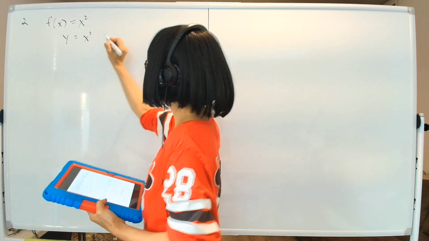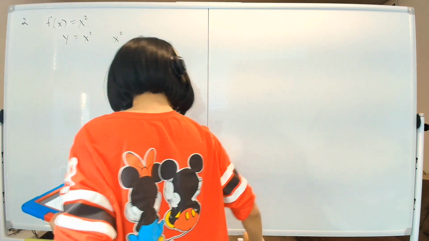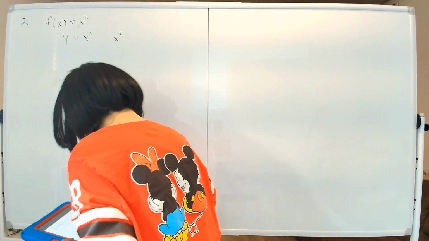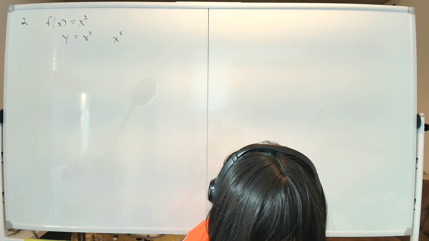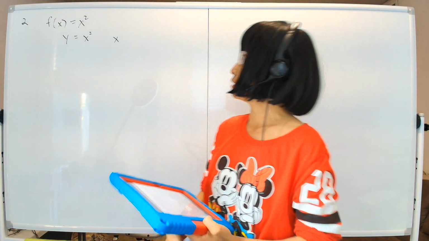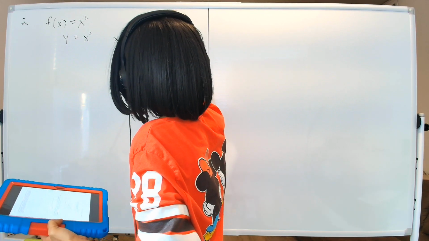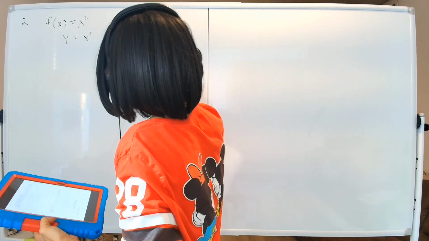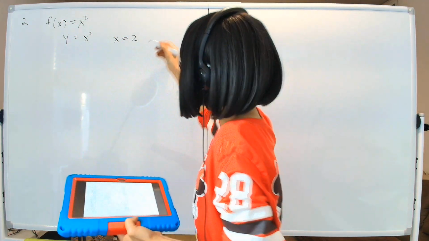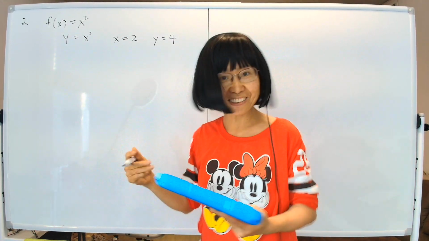Consider when x is 2, as an example. What happens when x is 2? Well, when x is 2, then of course y is 4, right? 2 and 2 is 4, like I mentioned earlier.